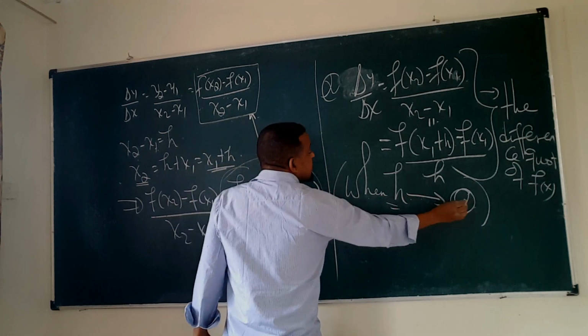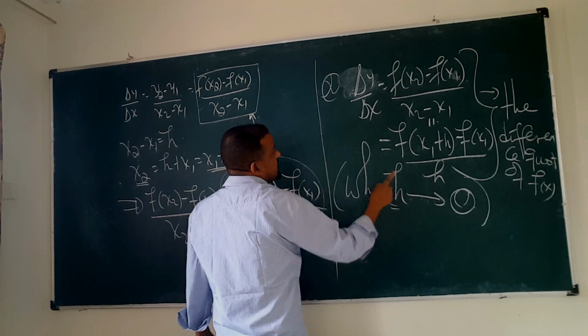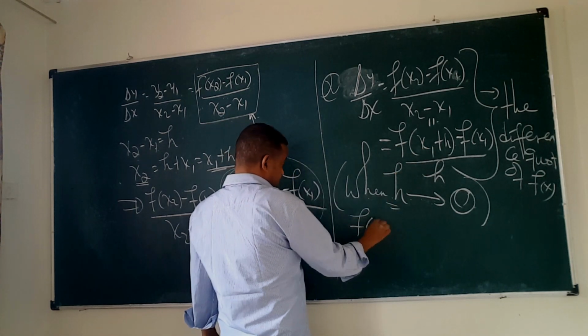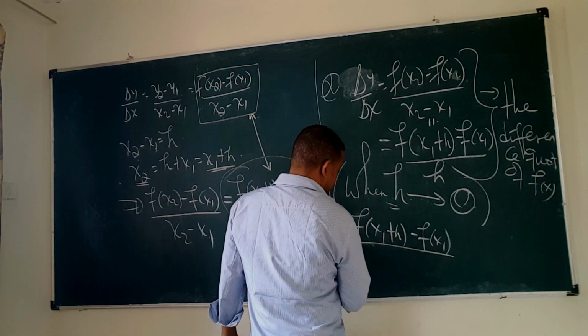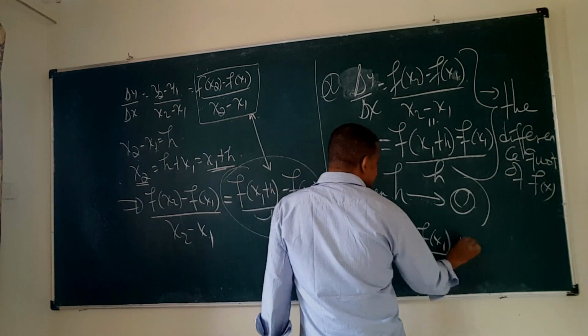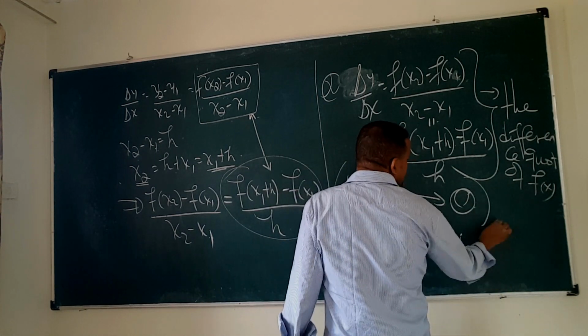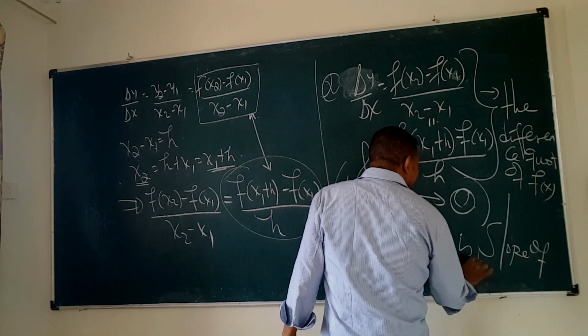So f of x1 plus h minus f of x1 over h is the instantaneous rate of change, the slope of the tangent line.